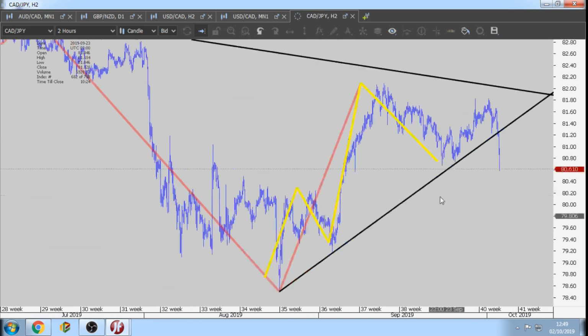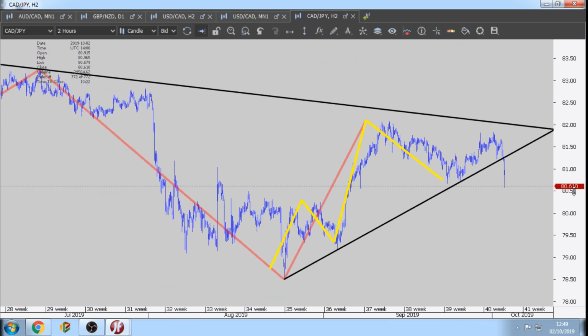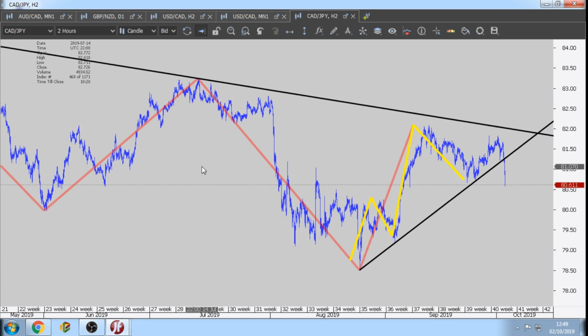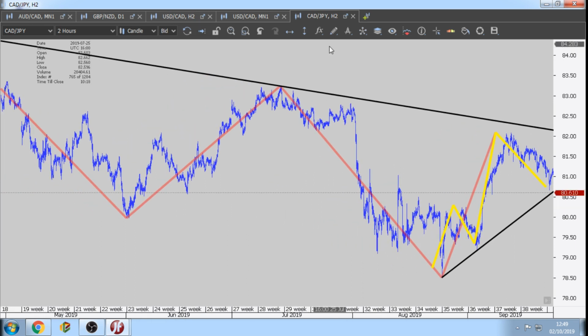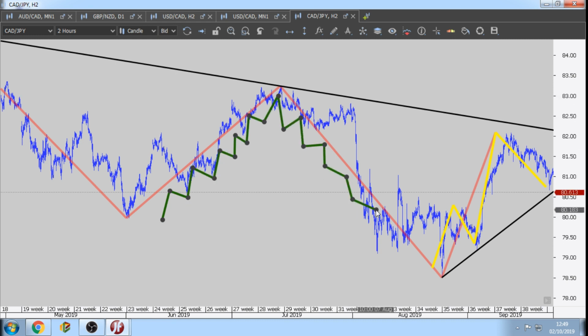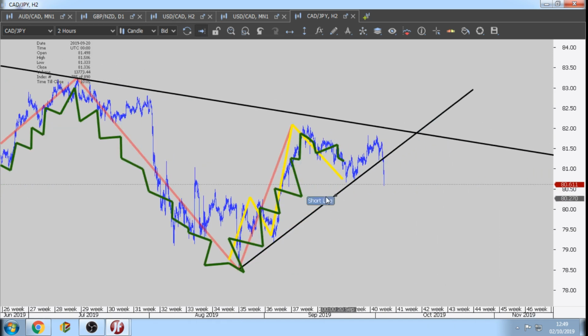So structure is the same as on the daily: extensions, retracement, market making higher highs, higher lows, extension, making lower lows, lower highs, retracement, and reversed again. Market reversed, making lower lows, lower highs, higher lows, and now again lower lows, lower highs.